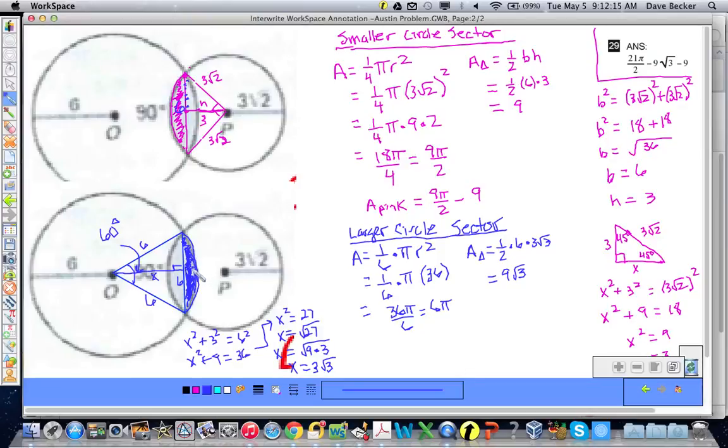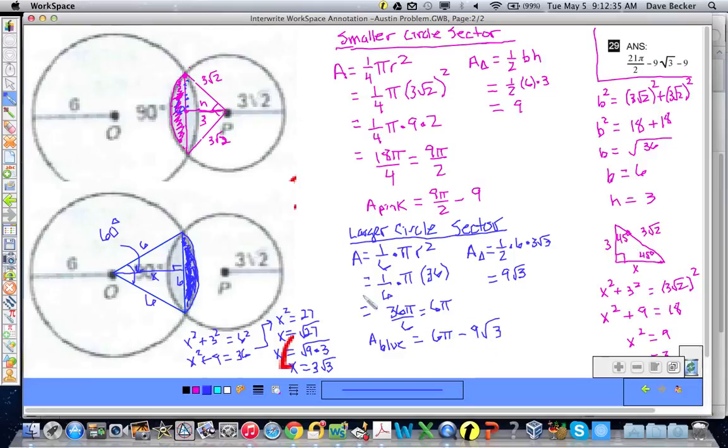I get the area of the blue sector, which is the other part here. I don't want to say half because it's not exactly half. So area of blue is equal to 6 pi minus 9 root 3.